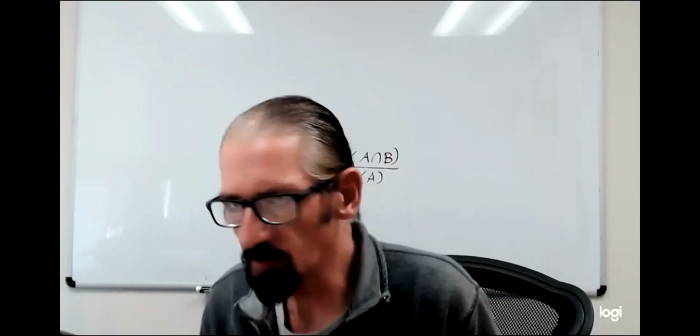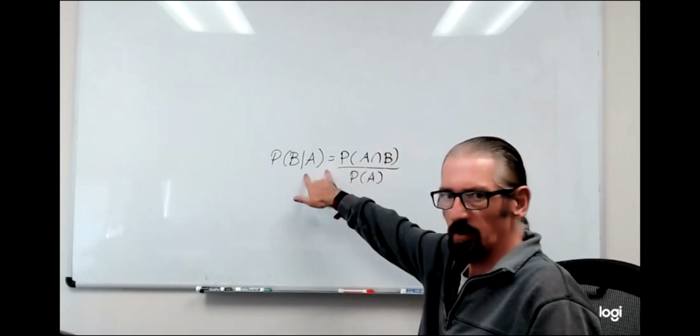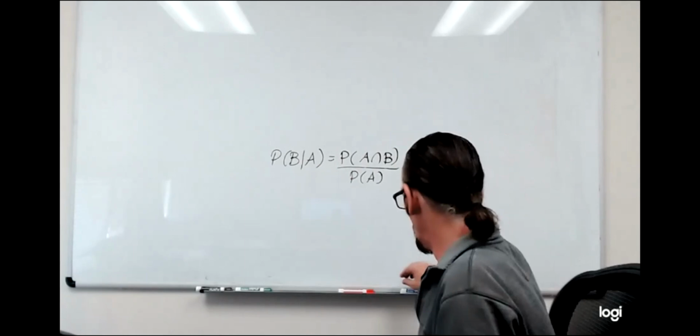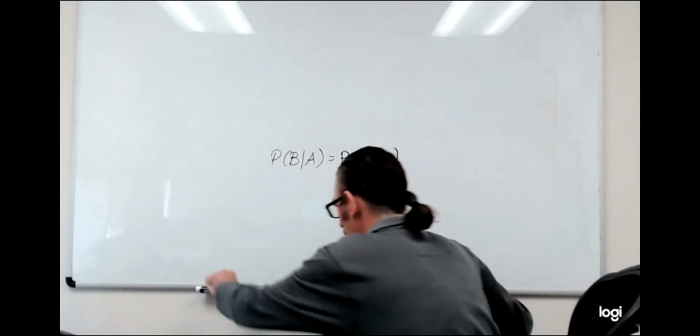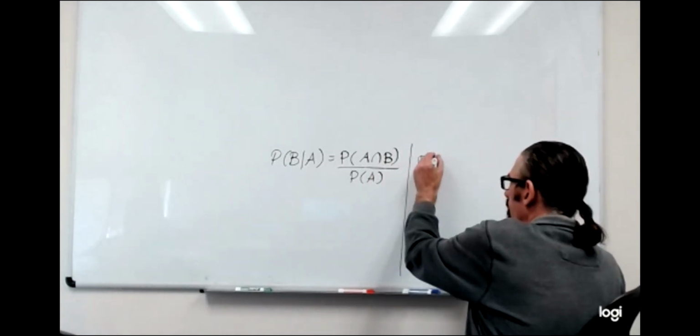The formula that we've seen for calculating conditional probabilities involves knowing these two items to be able to calculate this. However, as mentioned in the first video of this playlist, you could have the naming of the events reversed.